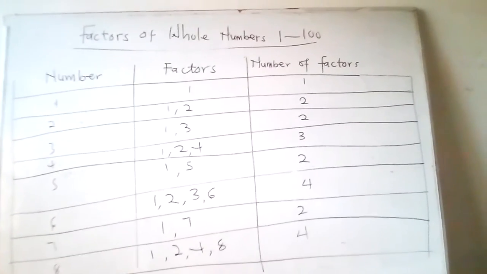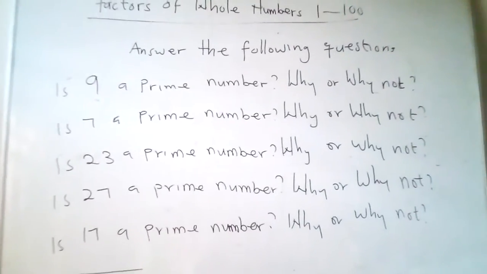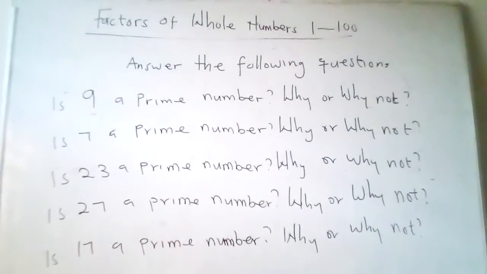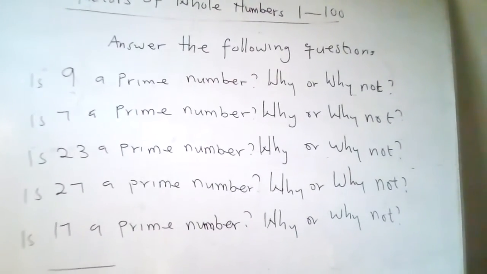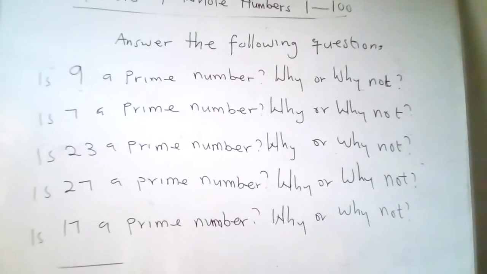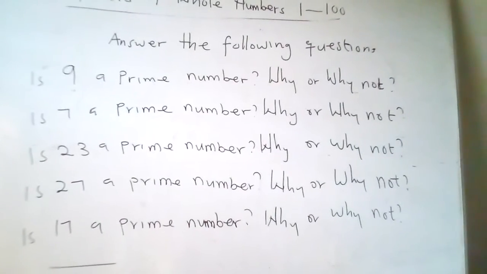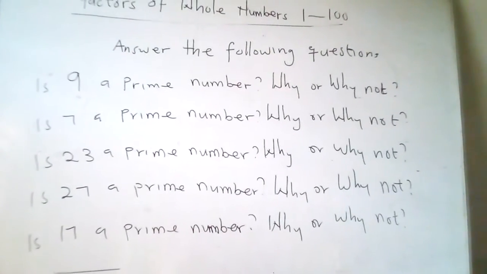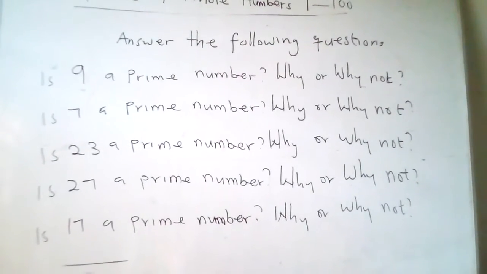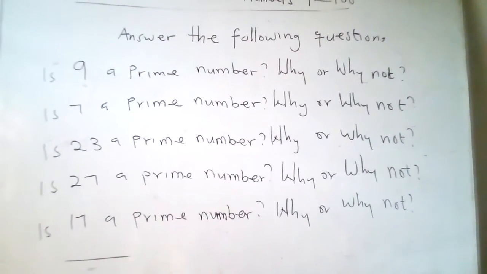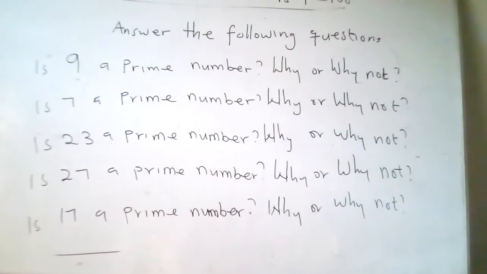Quickly answer these questions in your notebook or any book around you. Is 9 a prime number? Why or why not? Is 7 a prime number? Why or why not? Is 23 a prime number? Why or why not? Is 27 a prime number? Why or why not? Is 17 a prime number?